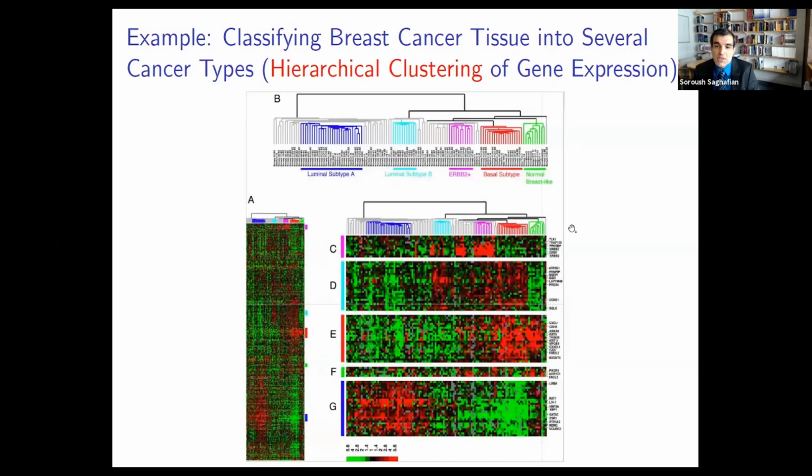These are genomic data. So on each row, we have a gene, and on each column, we have a person. And these are heat maps. The red parts are the genes that are really active. They're working really hard. And the lighter ones are the genes that are not active. They are not working hard. By using these clustering techniques, here specifically hierarchical clustering, we can understand the subtypes of breast cancer.